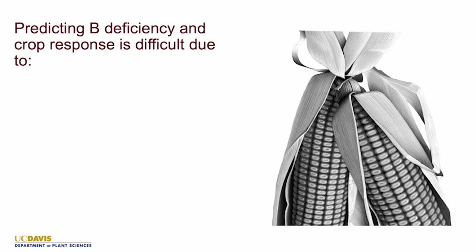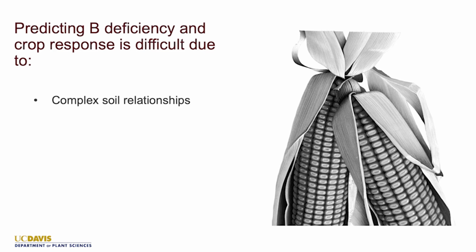This complicates how we think about boron, and that's a point that always has to be borne in mind. I'm going to wrap up this section and then move on to the next topic. Firstly, the important take-home message is that predicting boron deficiency and crop response from soil tests is difficult. It's difficult because of these complex interactions with the soil.